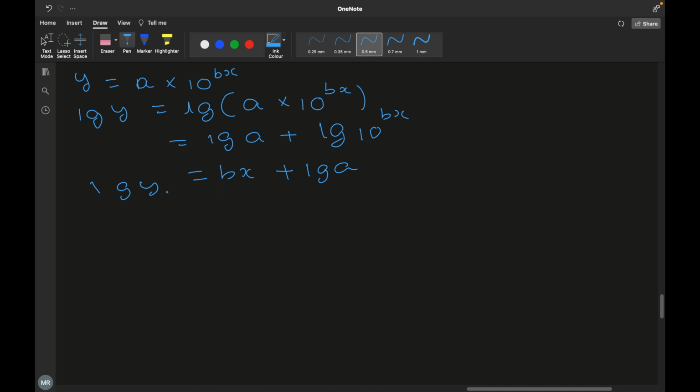If you see, this is in the form of y equals mx plus c, where y is lgy, x remains x, the gradient would be b, and the constant would be lga. So this is how you transform this into a linear one.